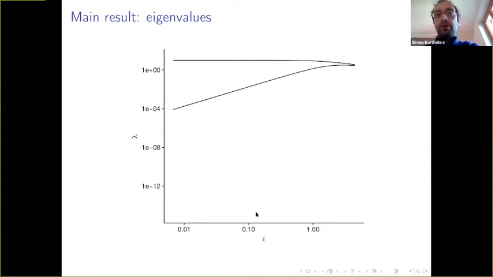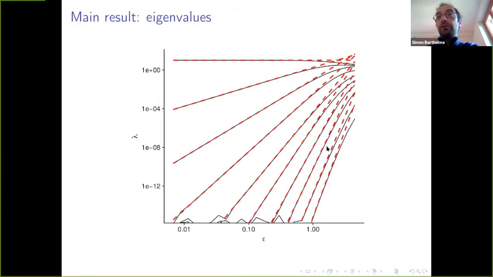And I want to stress that this is a log-log plot. Otherwise, on a normal plot, of course, this would go to 0 extremely fast. The third eigenvalue goes to 0 even faster. The fourth eigenvalue, and so on. The dotted red lines here are the asymptotic approximations you obtain from the formula I just gave on the preceding slides. So it's the order times the lambda i tilde coefficient that you can get from our theorems.